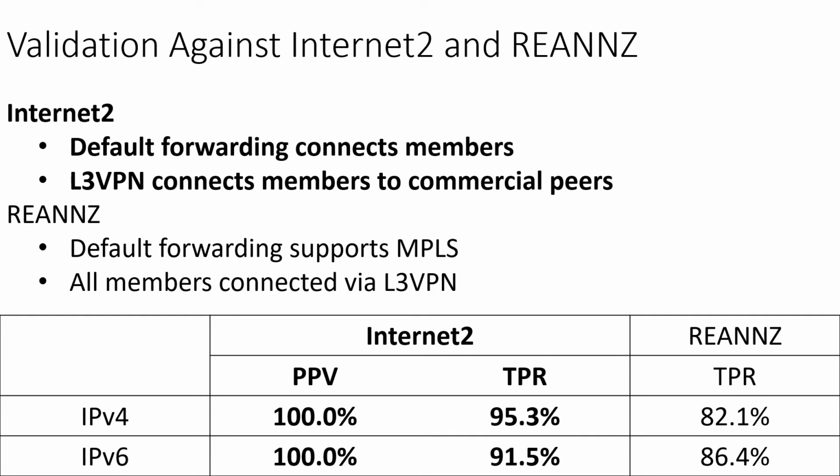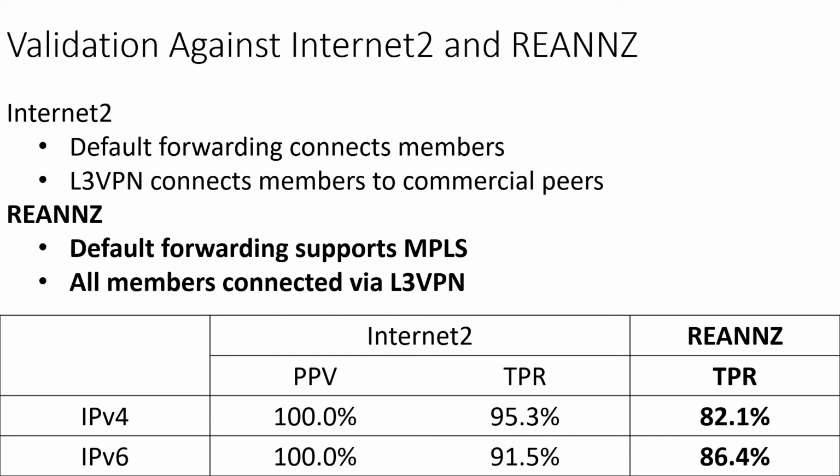For Internet2, we had both interface addresses used in the default forwarding network and in the L3 VPN. And vrfinder didn't have any incorrect inferences in Internet2, and it had a true positive rate of 95.3% in IPv4 and 91.5% in IPv6. So it was able to identify almost all of the outbound addresses in our Internet2 ground truth.